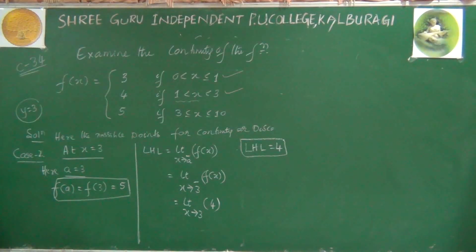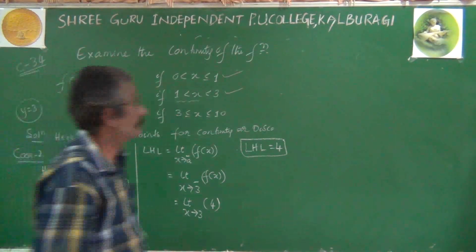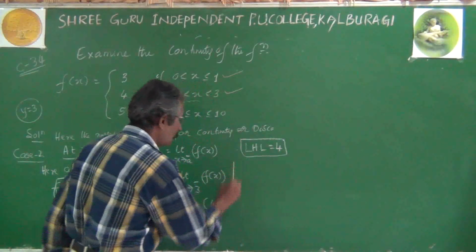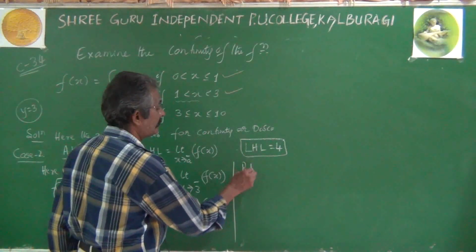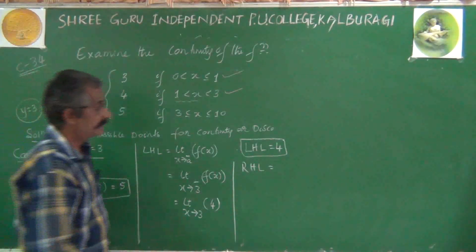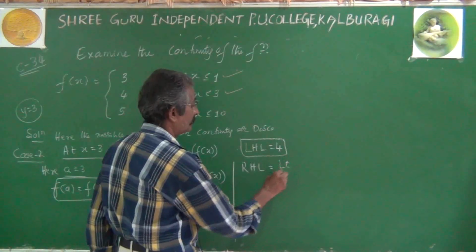We find the right hand limit. Now, right hand limit RHL is defined by limit x tending to a plus of f of x.